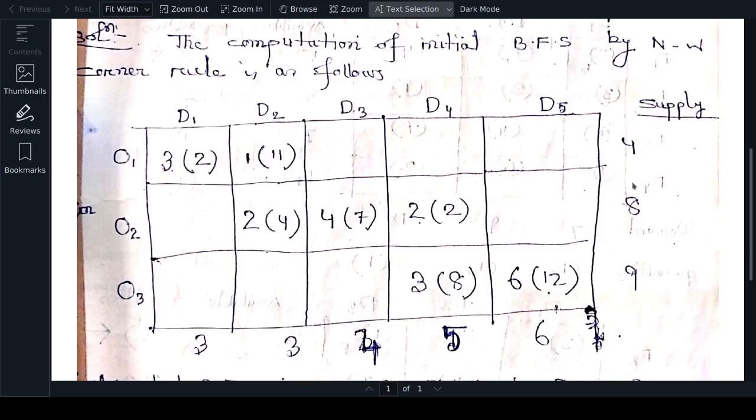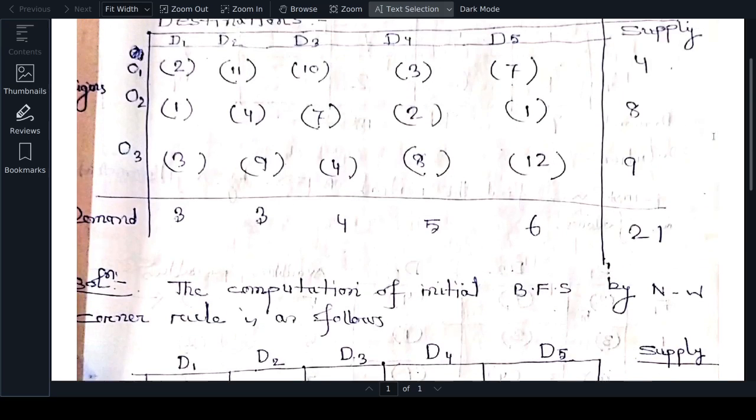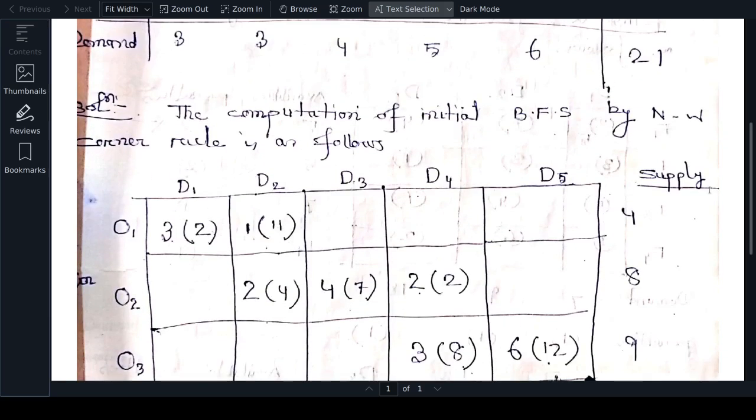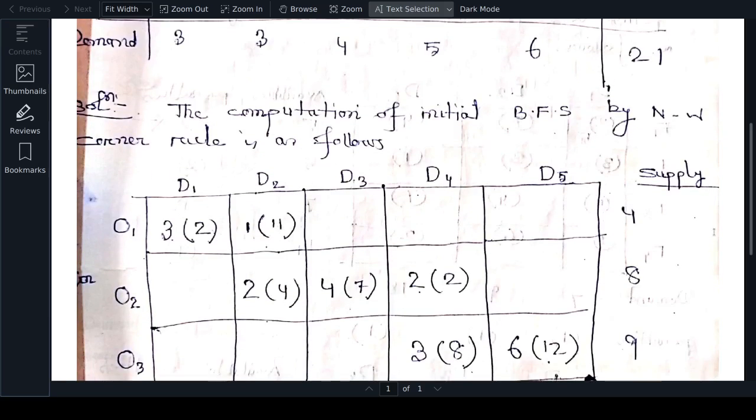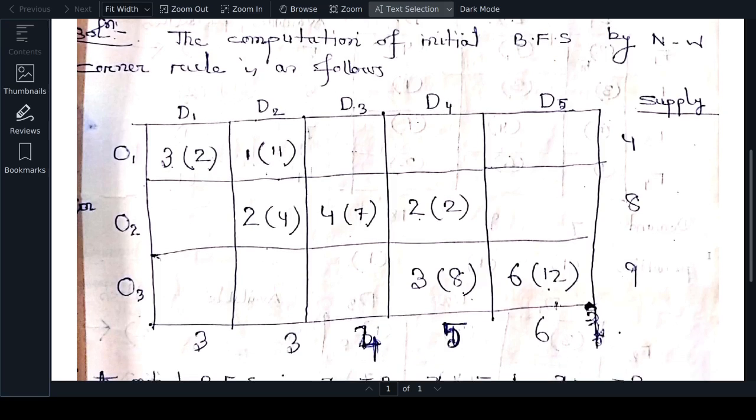Sir, why are you moving downwards? This is the northwest corner rule procedure. First we give the allocation in the topmost left corner, which is always cell 1 1. When we give the allocation, you check whether the row or column is completed.